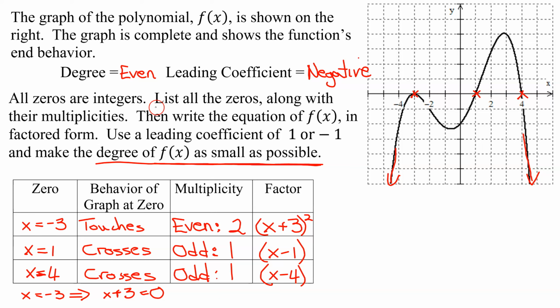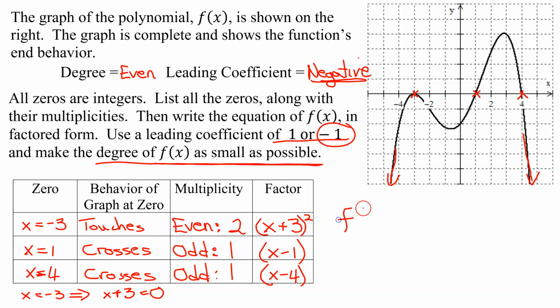So now I've listed the zeros. I have their multiplicity. It says to use a leading coefficient of 1 or -1. I know it has to be negative, so my leading coefficient has to be -1.